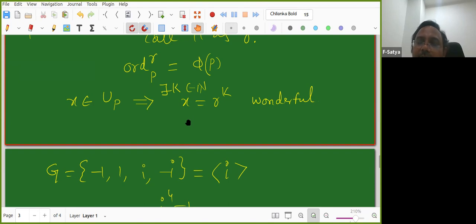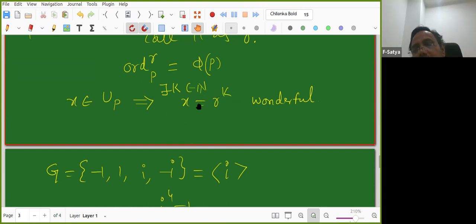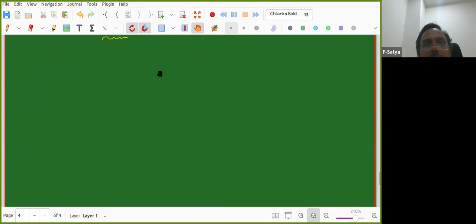It is called a discrete logarithm. That is a group, and in a group I want to find the exponent. That is called the discrete logarithm, and that is very difficult to compute.